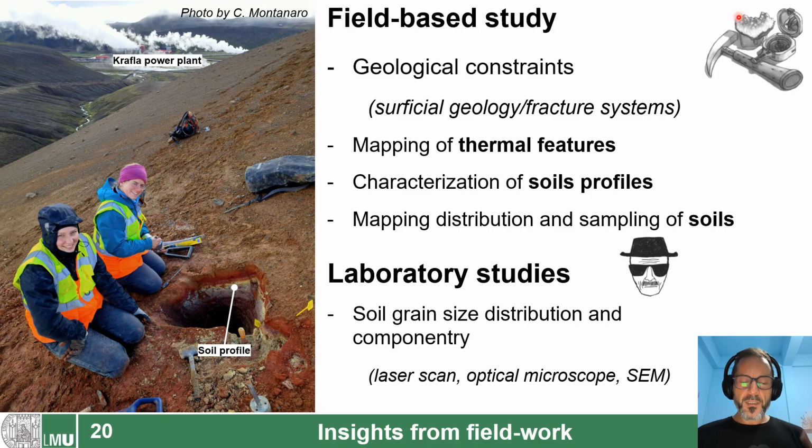These thermal features are always linked to some structure at depth. As I said, the local geology controls the location and presence of fault and fracture systems, which act as pathways for fluid to move from deeper layers to the surface. So understanding the distribution of thermal features at the surface can help us link them to what happens below.